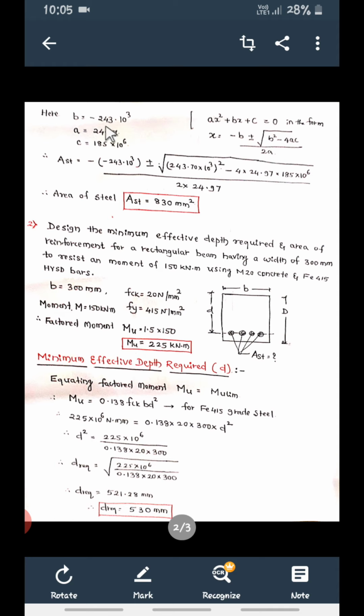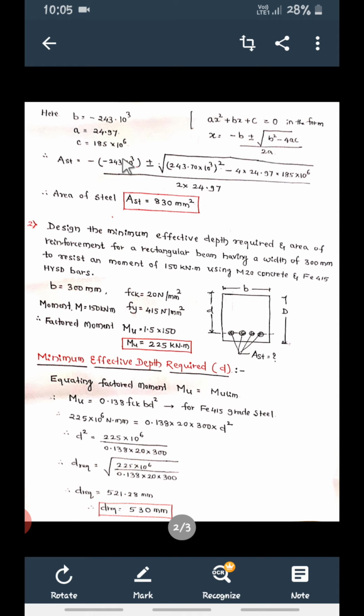Again b is minus, so this whole square becomes plus. So plus 243.70 into 10 to the power of 3 whole square, minus 4a, and this is c, divided by 2a.